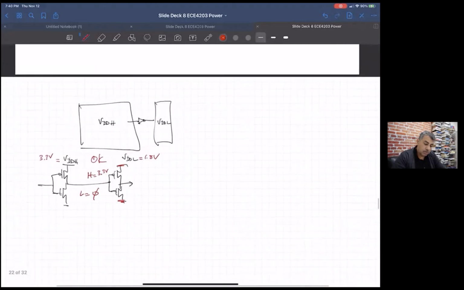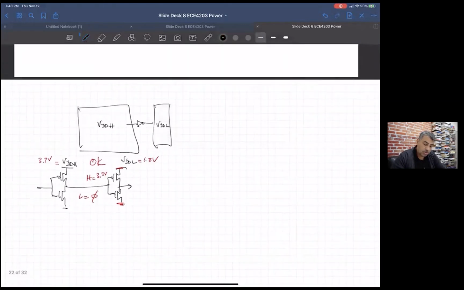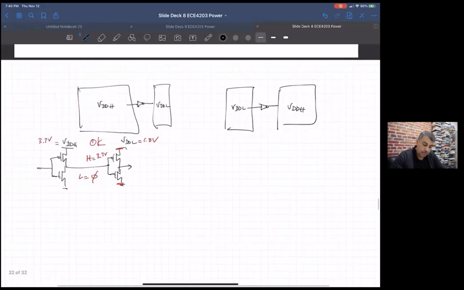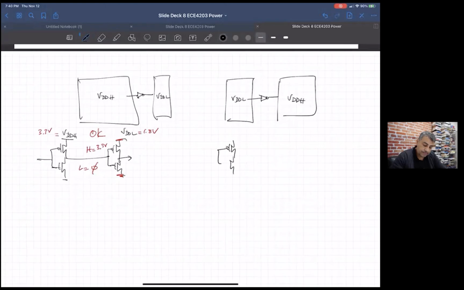The problem is when you try to have a VDD low voltage trying to drive a VDD high voltage domain. There, for the sake of discussion, let's say VDD low is 1.8 volts, so it's reversed, and VDD high is 3.3 volts.